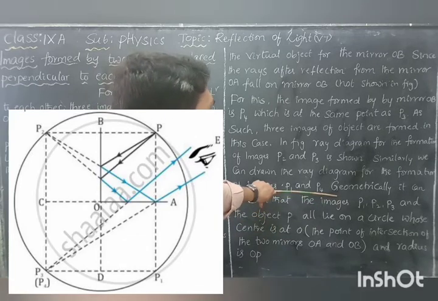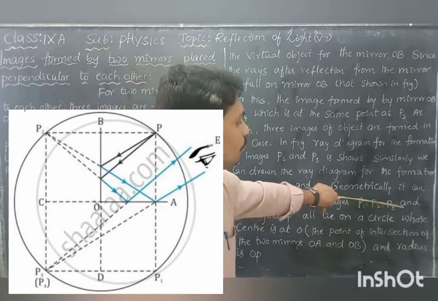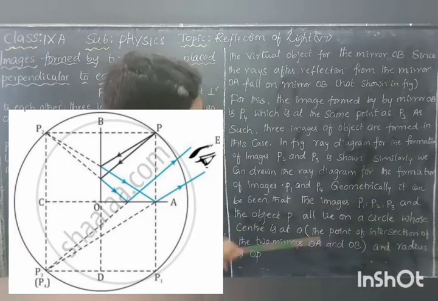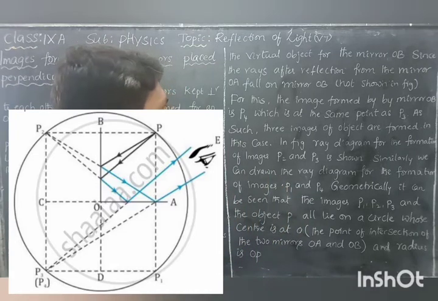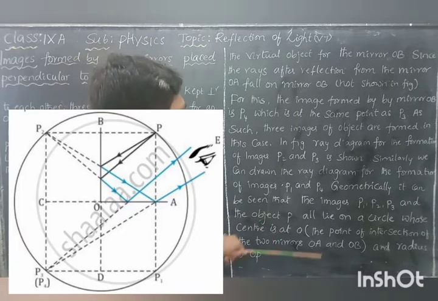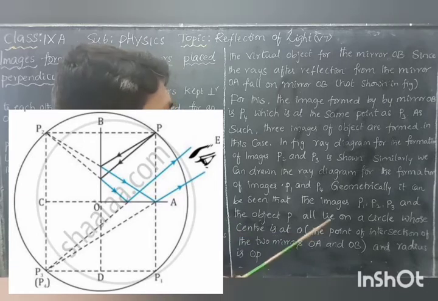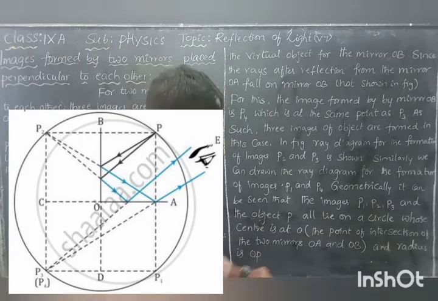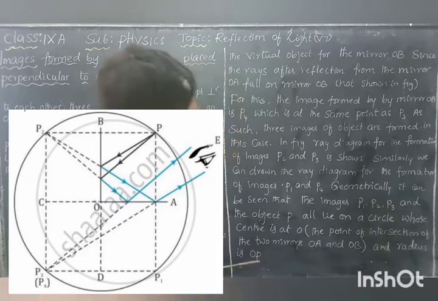Geometrically, the images P1, P2, P3 and the object P: if you see the diagram completely, P1, P2, P3 are the images of the corresponding object P. All will be lying on a circle whose center is at O. O is the point of intersection of the two mirrors OA and OB, and the radius is OP.